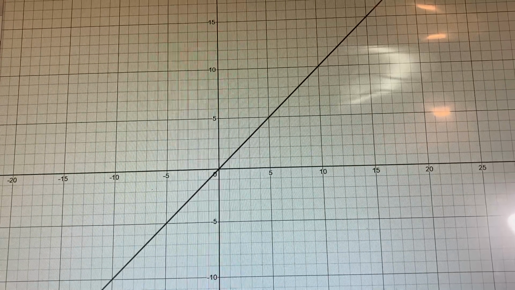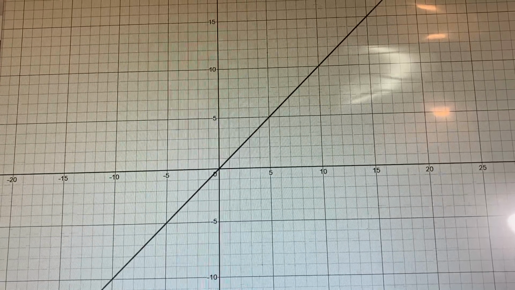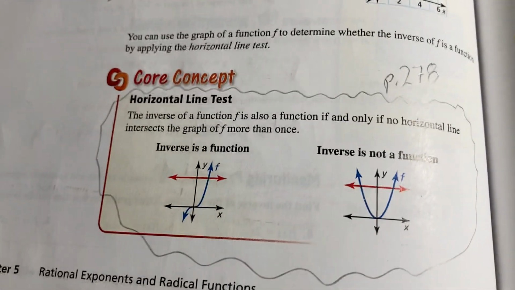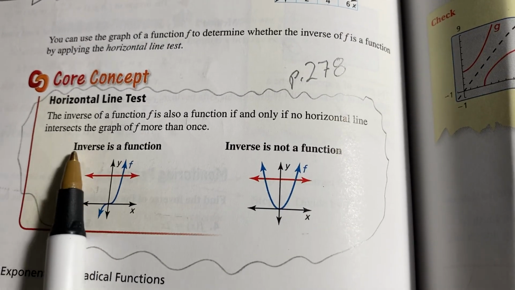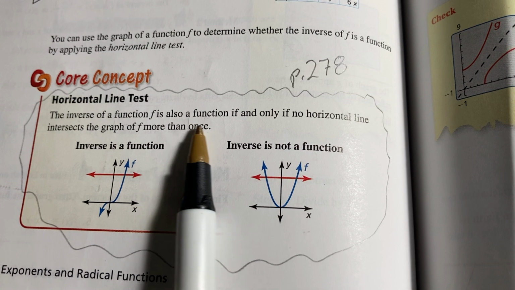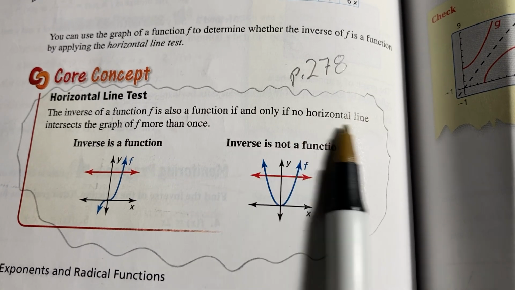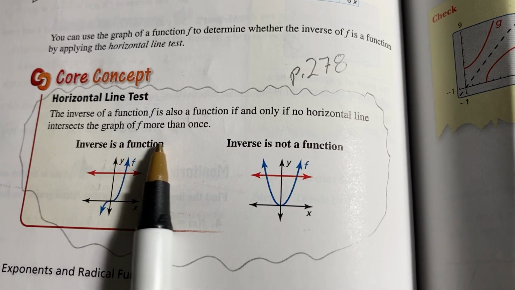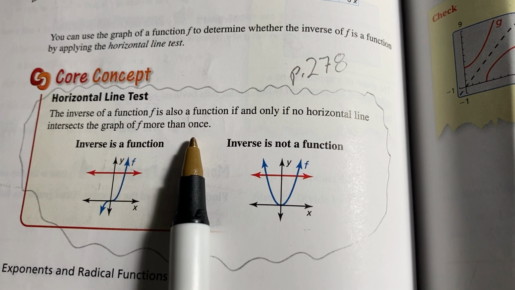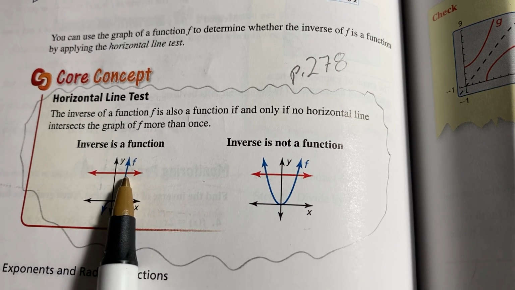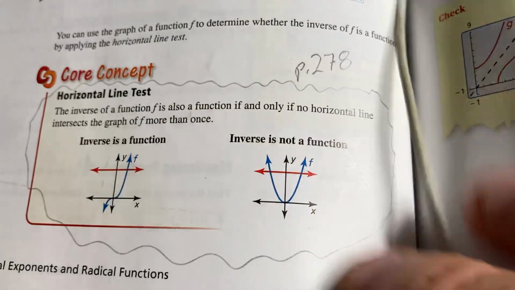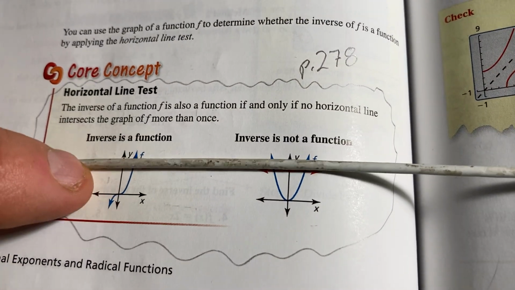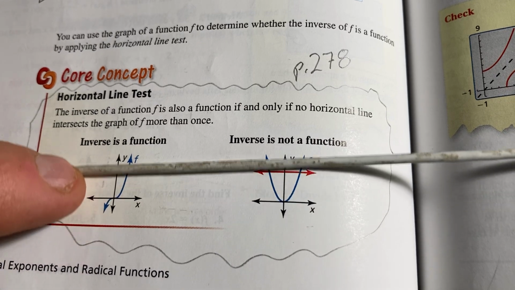For the horizontal line test, what I want you to do is put this in your notebooks on page 278. The inverse of a function is also a function if and only if no horizontal line intersects the graph of f more than once. No matter what you do, the horizontal line is only going to hit this line once.